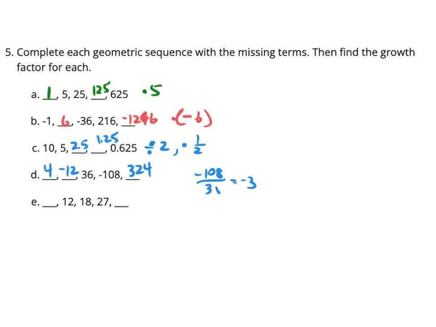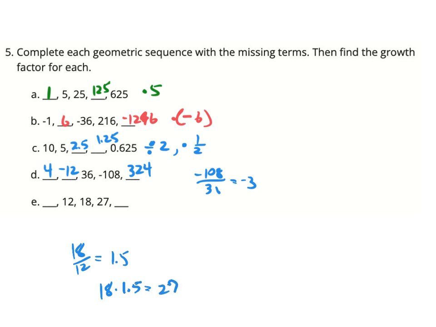12, 18, 27. 12 plus 6 is 18. 18 plus 6 is 24. That doesn't work. 18 divided by 12 is 1.5. What's 18 times 1.5? I'm doing this on a calculator off screen so y'all can't see.